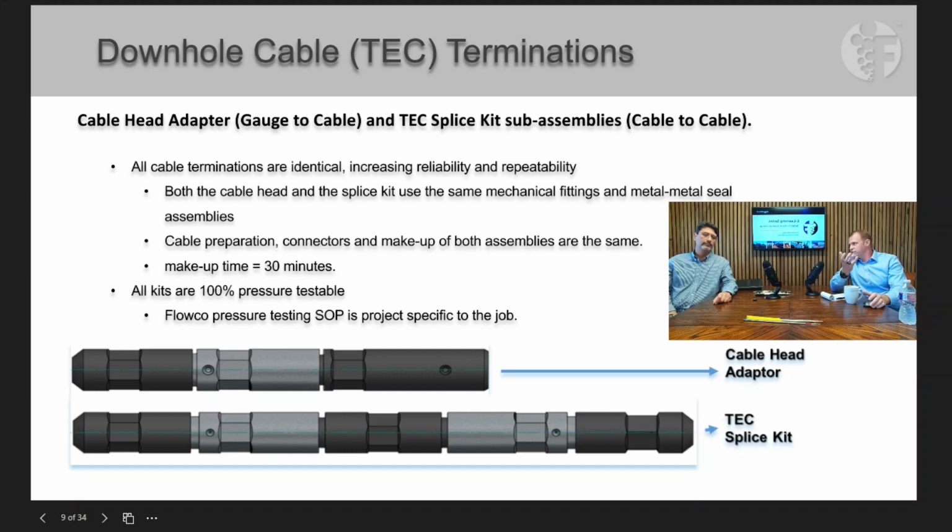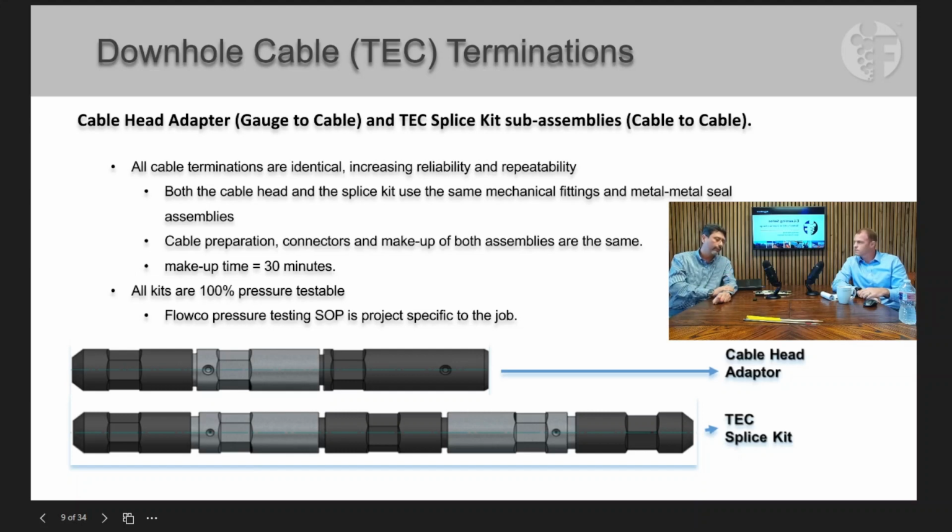So Juan, we looked at the gauge, the piece that's actually measuring that pressure, temperature, and vibration that you mentioned. What are we looking at here? So we have our cable head and our splice cap. Yes, we reviewed so far the gauge only. However, we need to power that gauge, and we need to provide a pathway for that power to come to the gauge, and also to communicate that data back to surface, to the surface computer.